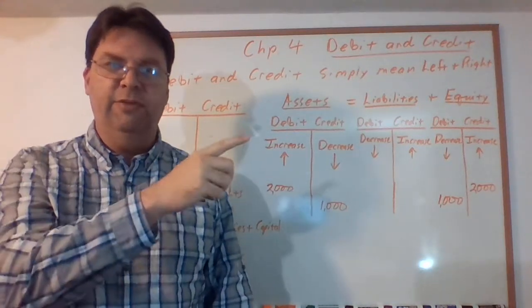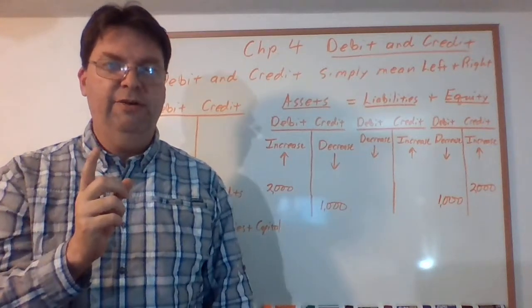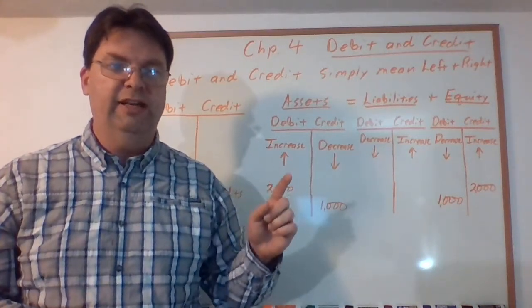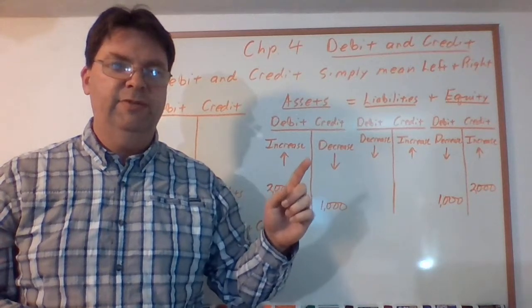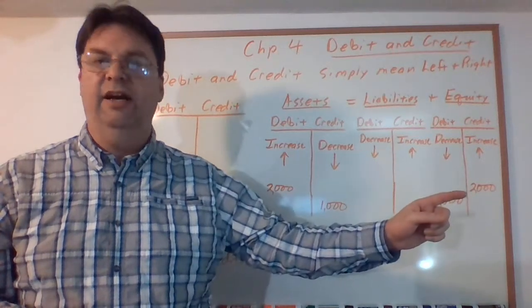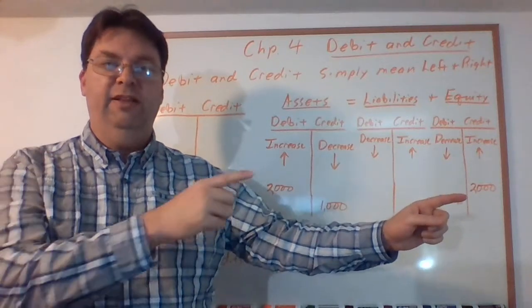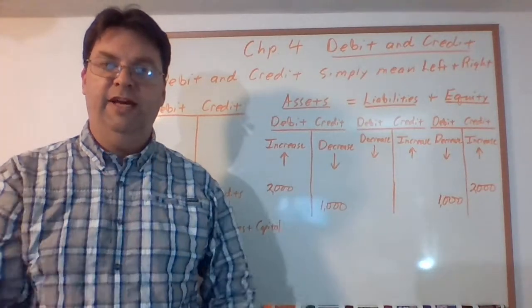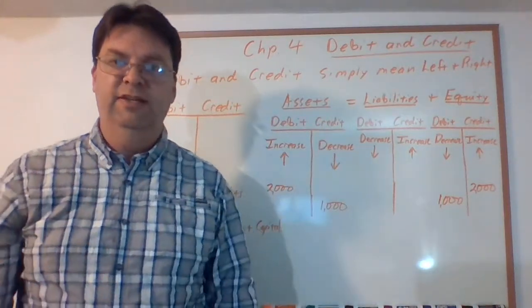Oh, okay, I know that's an asset and it goes up over here with a debit. So you've already narrowed it down. Now you're just looking for a credit. And I can't increase a credit, so it's not another asset if I put cash in bank. It's got to be owner's equity, and I know that goes up with a credit over there. There's my credit, there's my debit. I've got both. It's on each side of the equal sign, so it balances.